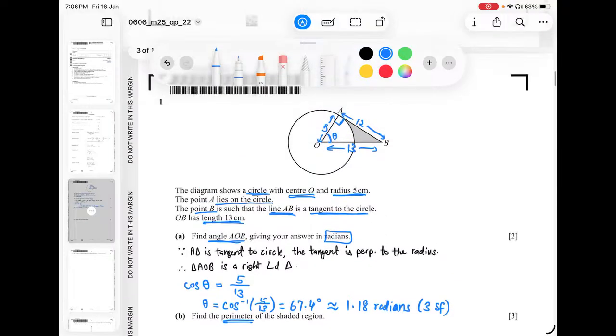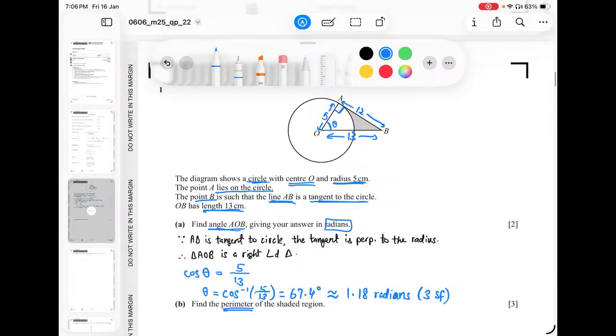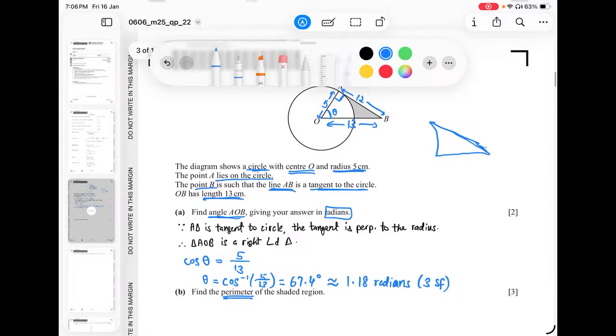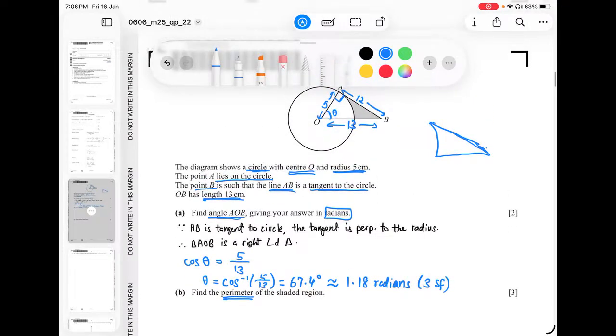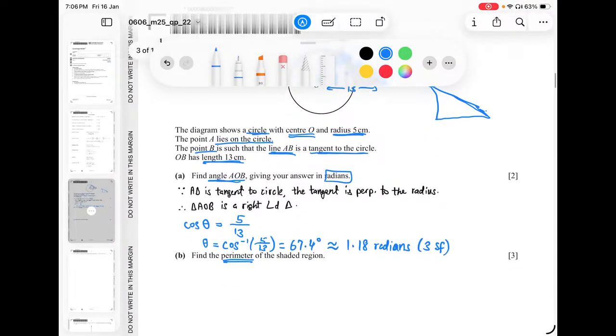Find the perimeter of the shaded region. The shaded region is basically this part. This is your arc, and these are going to be your straight lines. So basically, this perimeter should be the length of these two lines plus the length of the arc. You already know that theta is 1.18 radians.